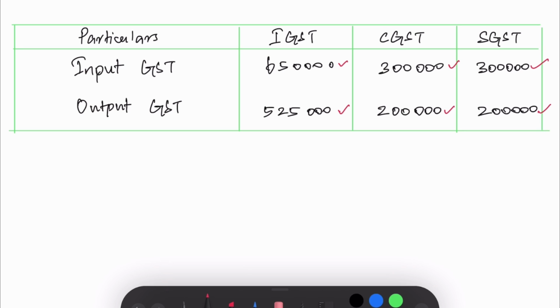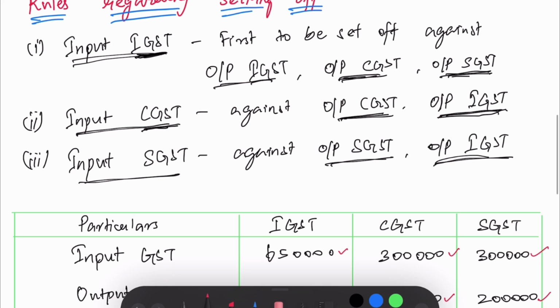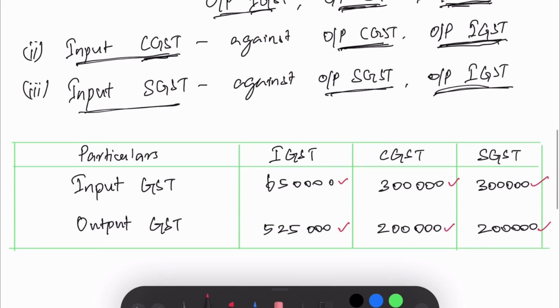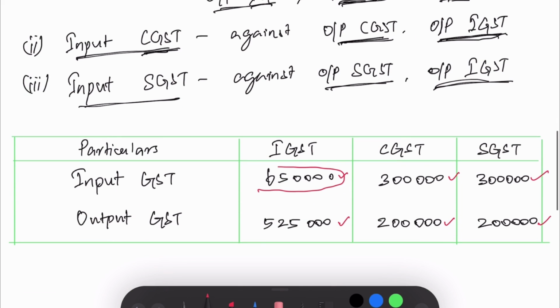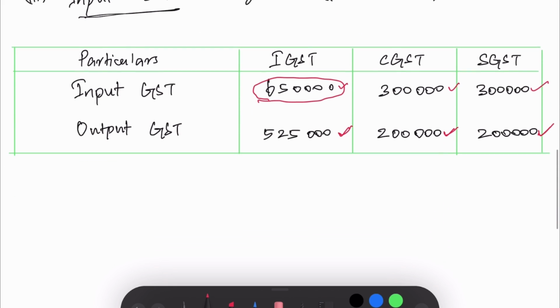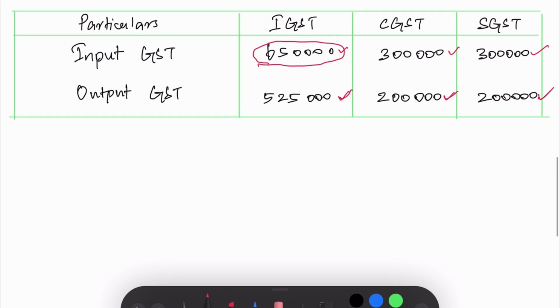Now how to set off this one? The rule very specifically says first the input IGST, that is this 6,50,000, has to be set off by using this output IGST, then CGST, then SGST. All these three can be utilized, but first the output IGST has to be used. Now, how to solve this problem?